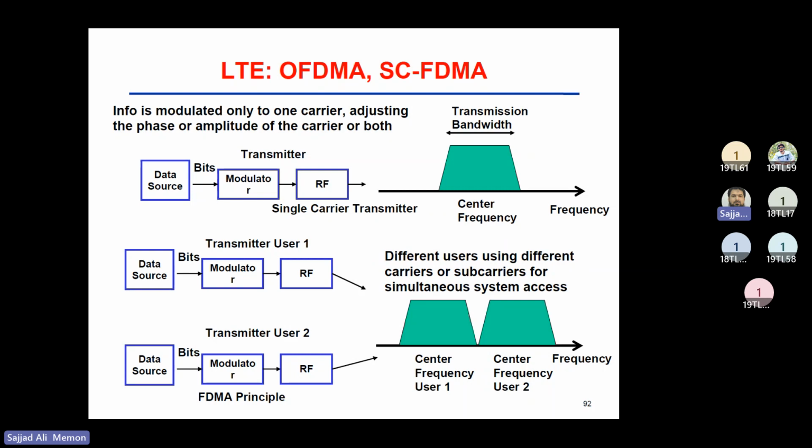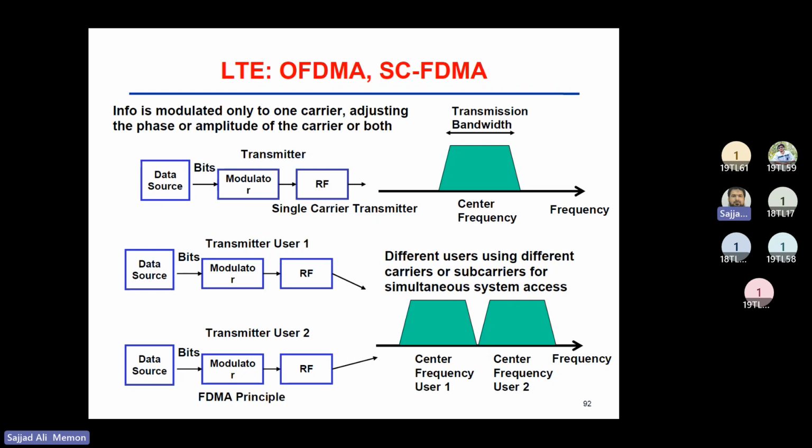When in 1,000 bits only 2 bits or a few bits are in error, you still have room to fill the gap of those bits by improvising information, and no need to retransmit that information. So that is the advantage of OFDM, particularly where we have selective fading. In case of selective fading, OFDMA is a very popular access scheme to be used.